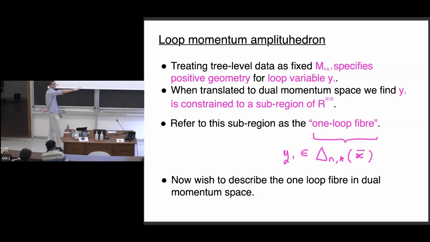This region to which y1 is constrained, I'm going to refer to as the one loop fiber. The structure of this one loop fiber depends on the null polygon that you've chosen at tree level. And now I want to move on to describing how we define this one loop fiber.